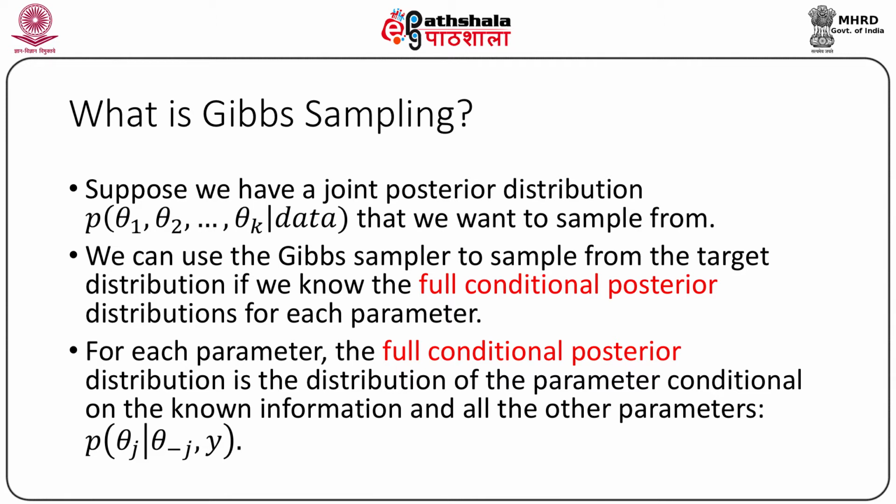In the 1990s, it became very popular because before that, we used to do numerical integration, which had a limit: beyond 3 dimensions it became much more complicated. So this created a big breakthrough in the field of Bayesian computation.